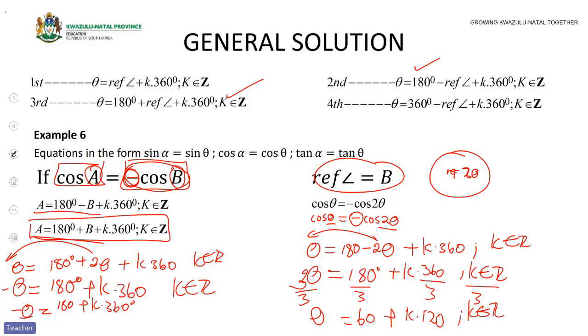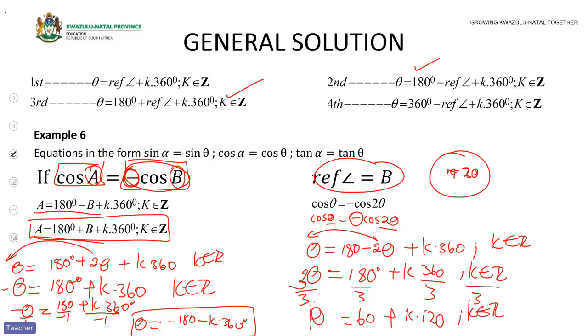Then we are going to divide by -1 to make our theta positive. So we are going to divide everything by -1. Then our answer is going to be theta equals minus 180 minus k times 360 degrees. So that is going to be our general solution, our second solution.